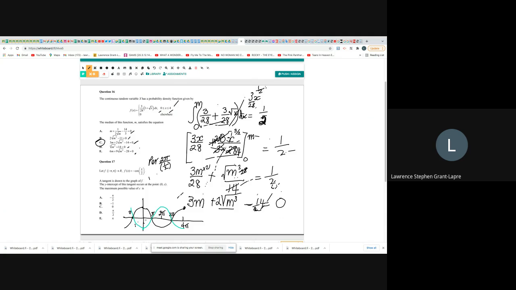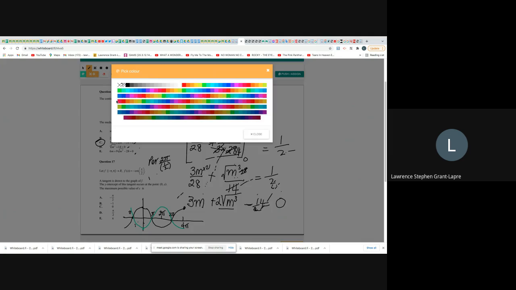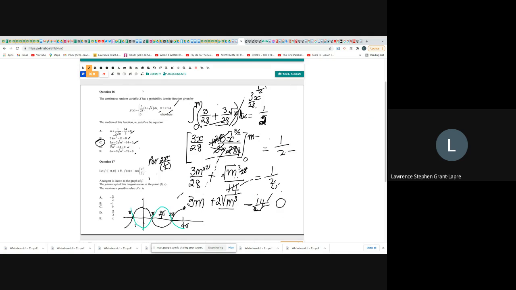A tangent is drawn to the graph, and the y-intercept occurs at the point (0, c). The maximum possible value of c: well, if we take a tangent here, it's going to go all the way down there. We want the maximum c, so not where it crosses down low. If we take the tangent here, it'll cross there, but if we take the tangent here, it'll cross here, which is 1 and negative 1.